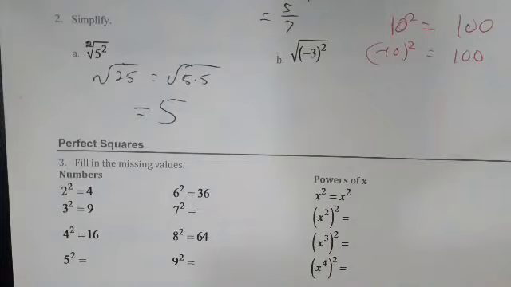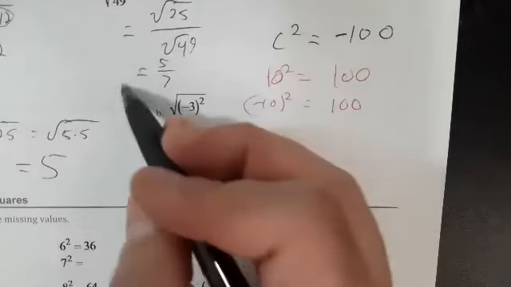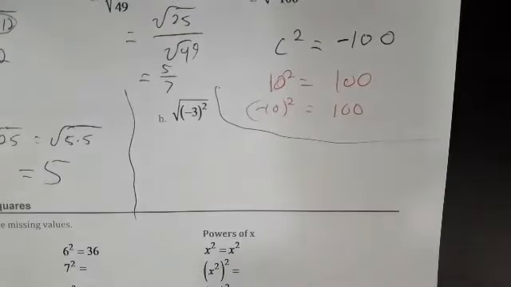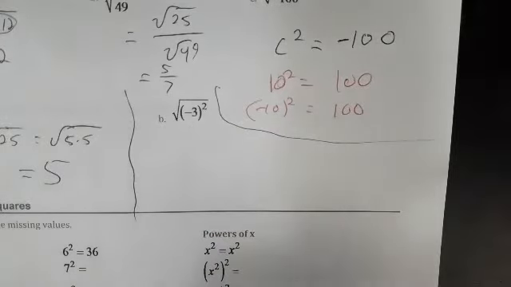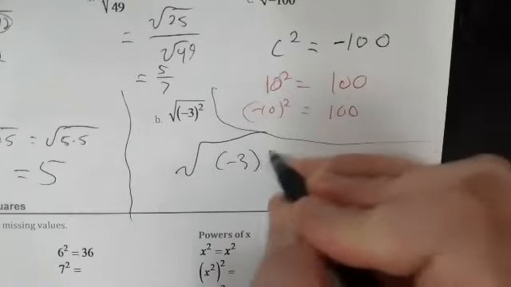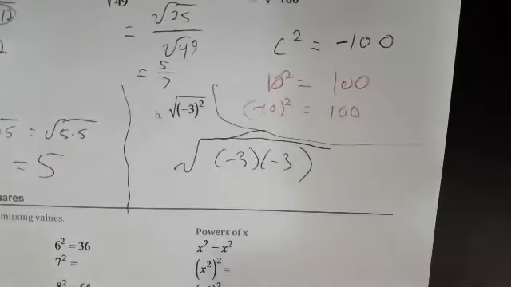But there's a little stipulation that does happen. If we have something like this, they're not exactly inversing each other, as in that previous one. So if we look at this one, we have a minus 3 being squared under a radical. I have a minus 3 times a minus 3 on the inside, so I'm just writing out the definition of what that square means.